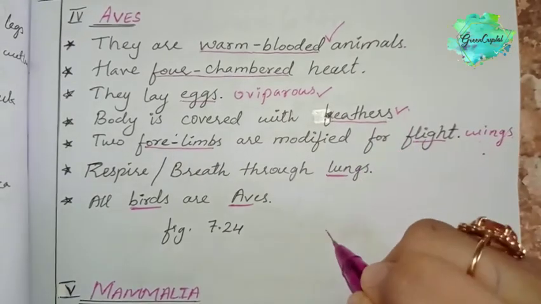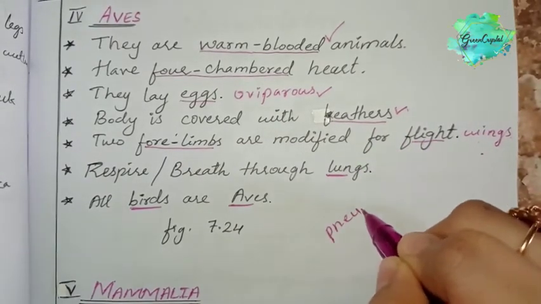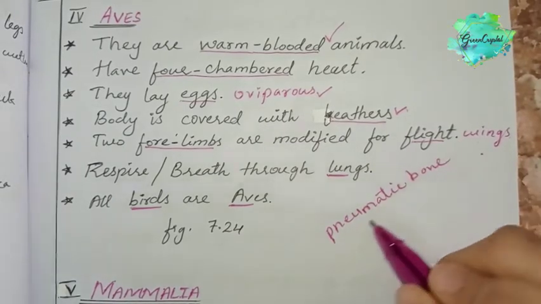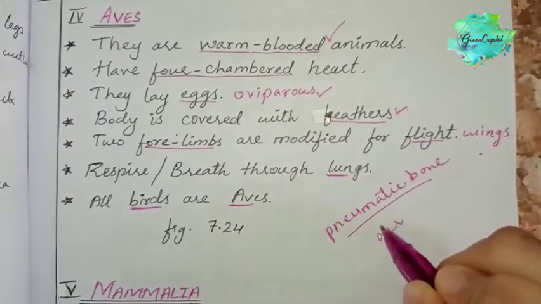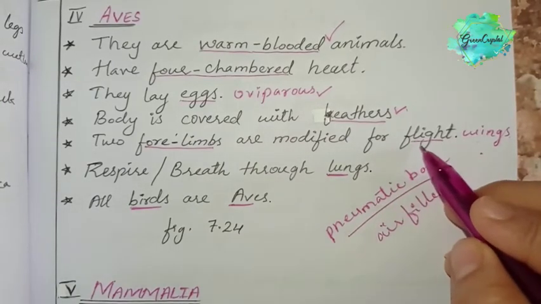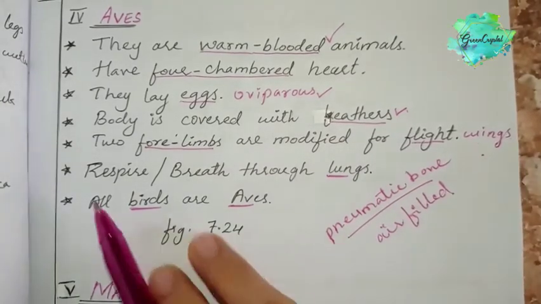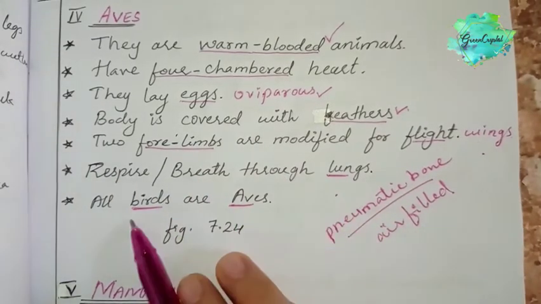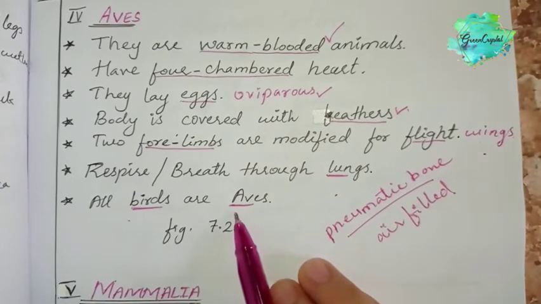Okay, pneumatic bones. They have pneumatic bones, meaning their bones are air filled, which helps them to fly. Okay, and they respire or breathe through lungs, and all birds are Aves.